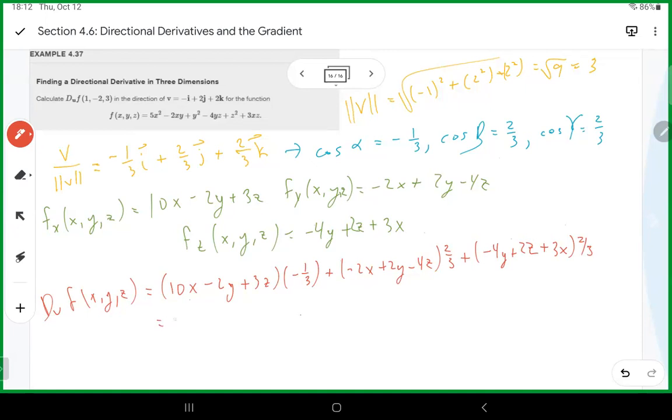So then that's going to give us negative 8 over 3 x minus 2y over 3 minus 7z over 3. Okay, and then lastly, we just have to shove the point in.